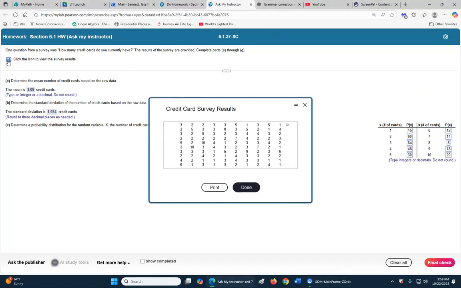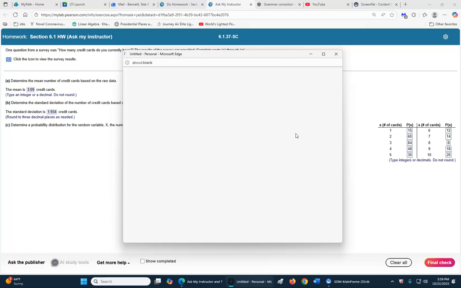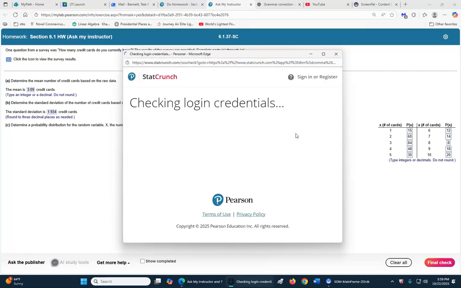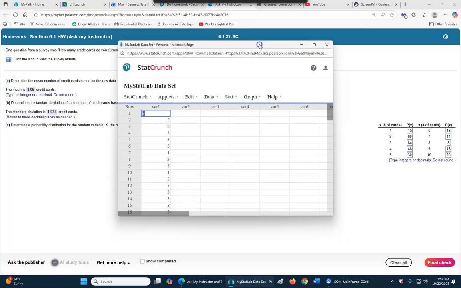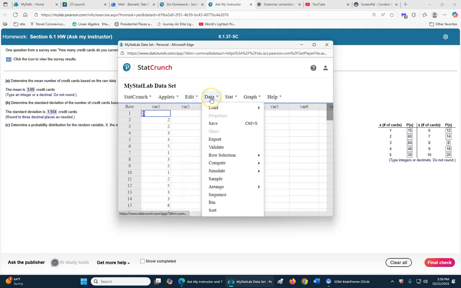Click here. It gives you the data. Let's see. Can I take this into StatCrunch successfully? Okay, so they brought it into StatCrunch. Here they are. I think I'll reorder them so I can see how many they got.